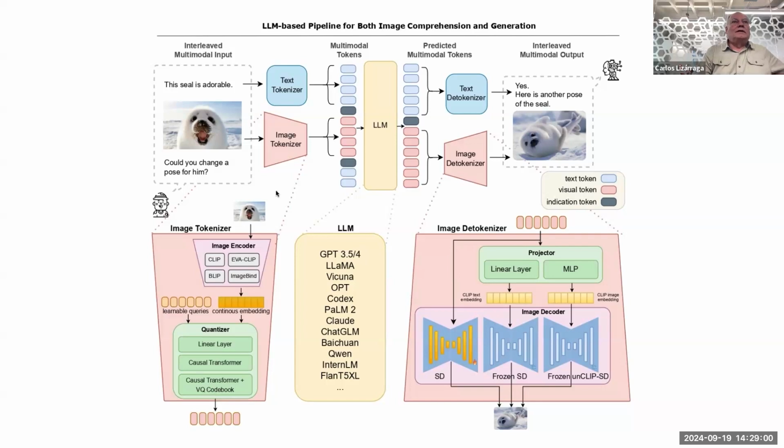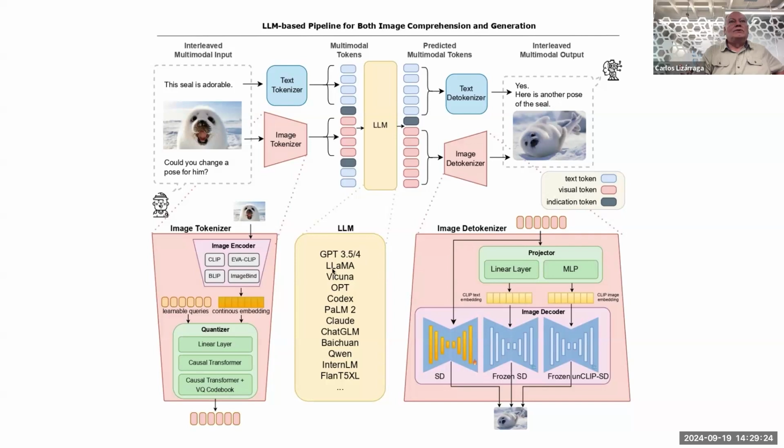And then the output from the image and text tokenizers will go into the large language model. And the large language model can be any of these types of models. And then they will try to produce the output. So the text tokenizer will answer, yes, there's another pose.